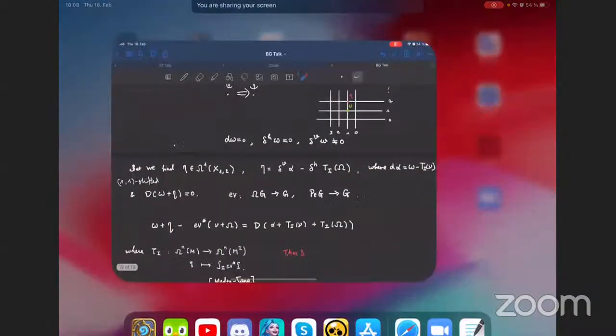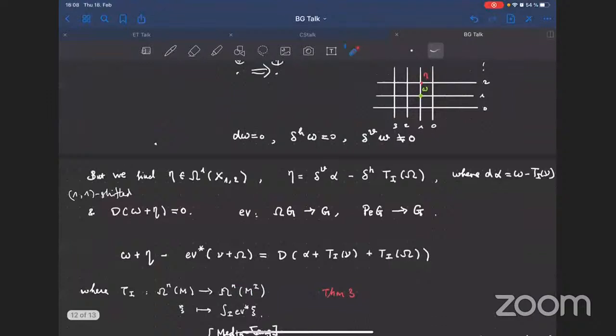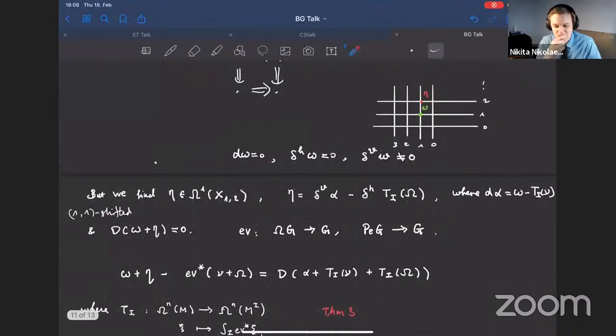Right. So we will again have all these forms. Now you have to share your screen again. All right, let me share my screen. Can you see it? Yes. Okay, great. We're at the very end now.